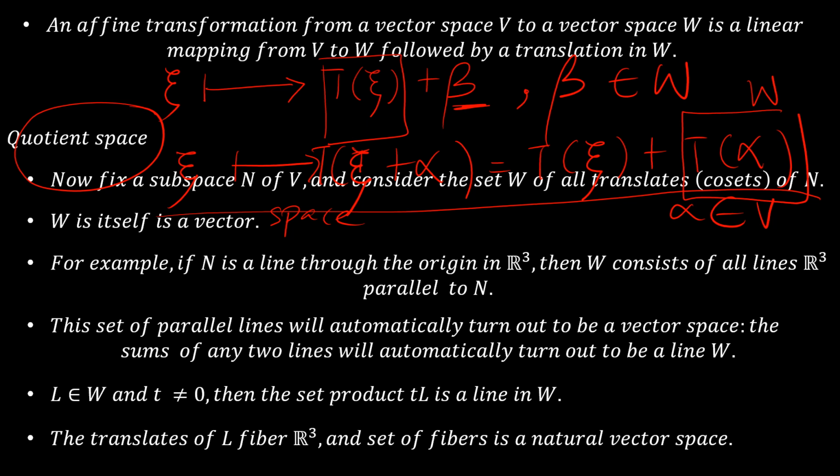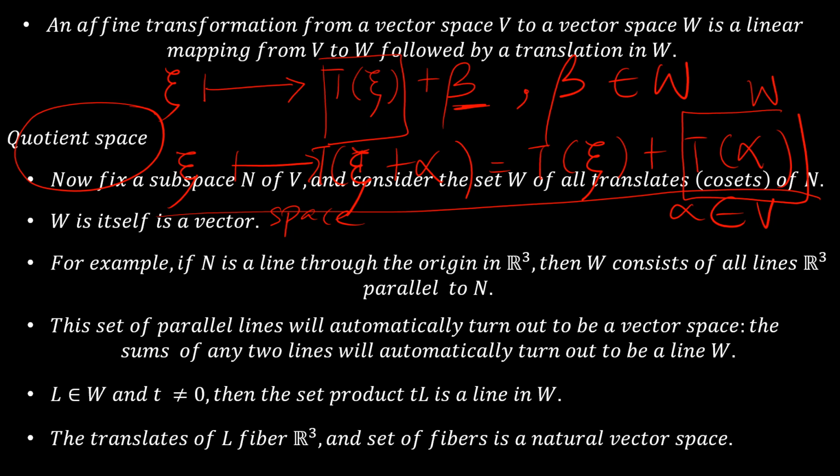The translates of L are fibers. In other words, you know what a fiber is? A fiber of a global set is just one disjoint set within the global. So if, let's say, you have 10 disjoint sets, 10 dissimilar sets in a global set A, then that individual set is a fiber.